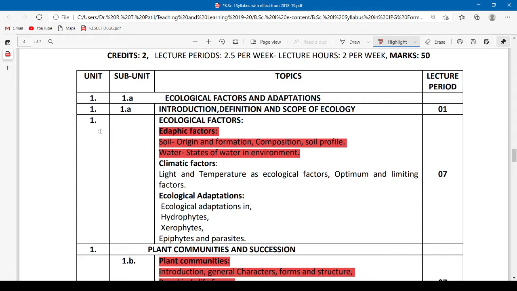And the first topic under this unit is ecological factors, and in this, the second topic is climatic factors, and the third one is ecological adaptations.